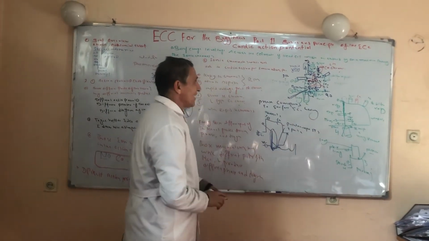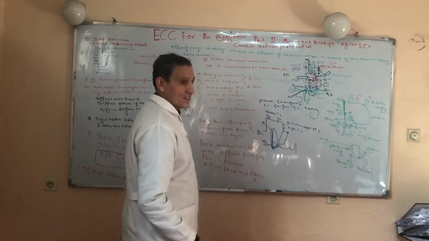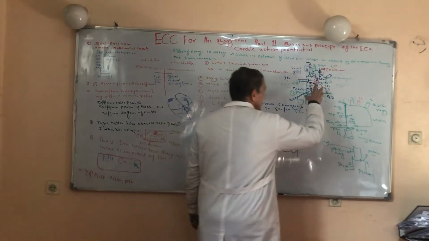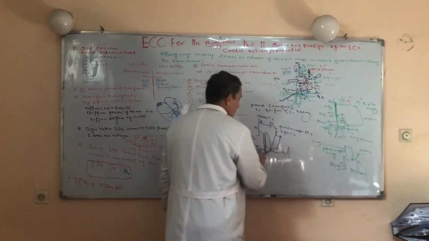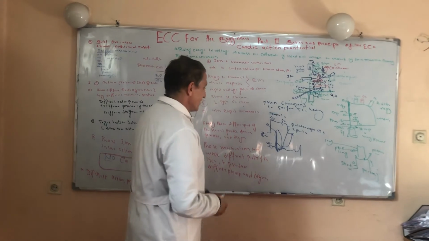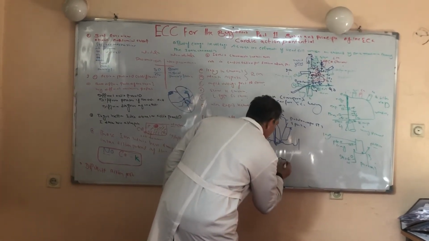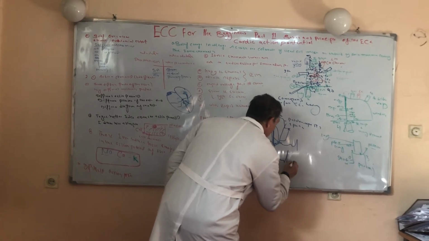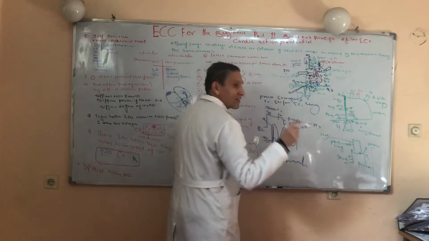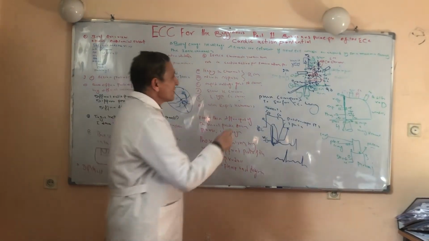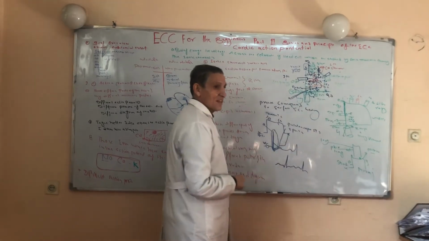Now how should I correlate this action potential to the surface ECG? How should I correlate this diagram of the action potential to the ECG? For example, this is a surface ECG. When we are talking about the action potential, you should think that we study the electrical activity of a single cell of myocardial cells.